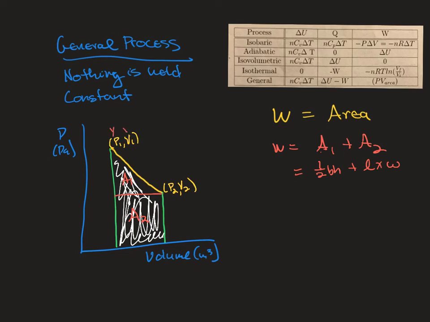This is your Y term, this is your X term, this is your Y term, this is your X term. So we're going to do 1/2 times the base of the triangle. The base of the triangle is going to be this here. So we're going between our volume 2 and our volume 1, and I'm always going to do my subtraction so I get a positive number.